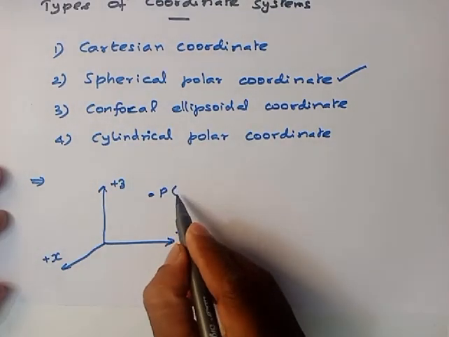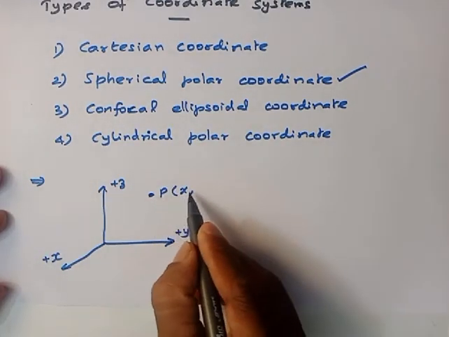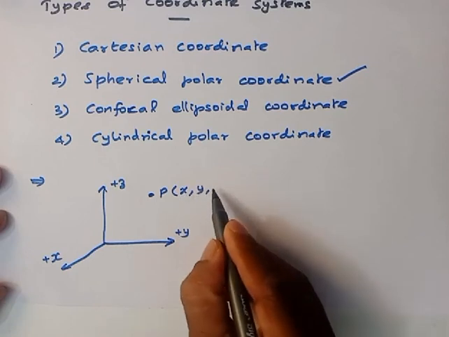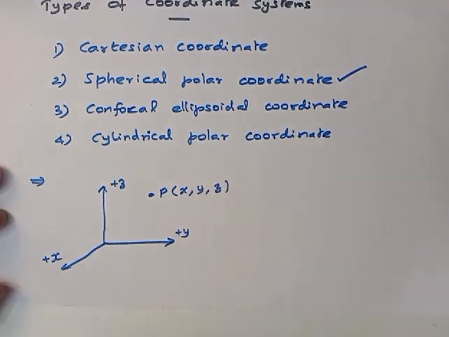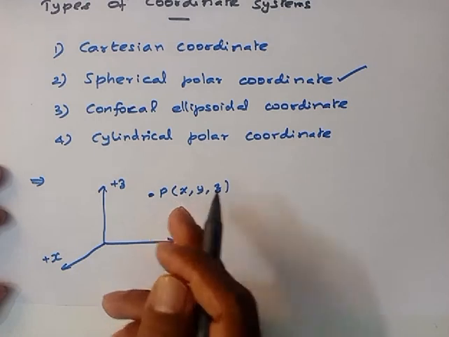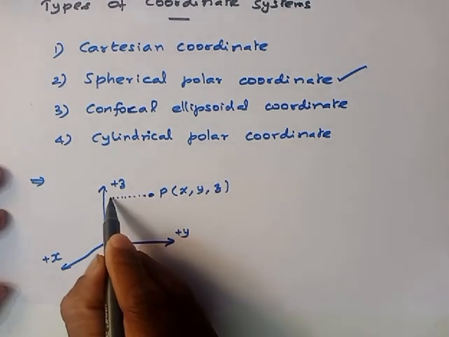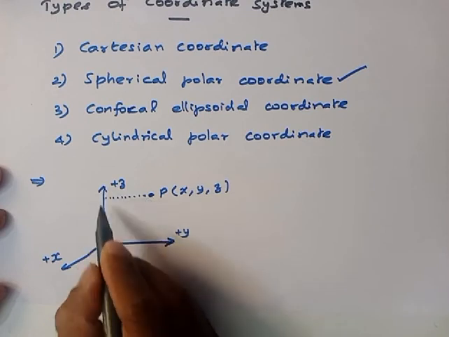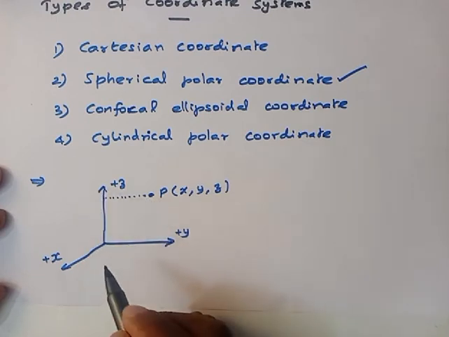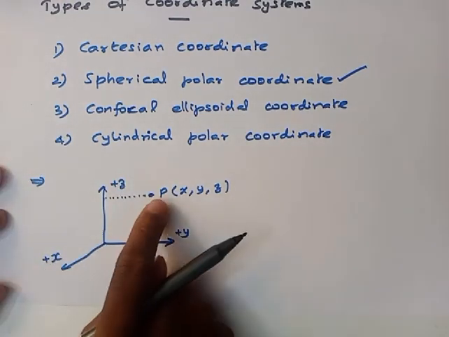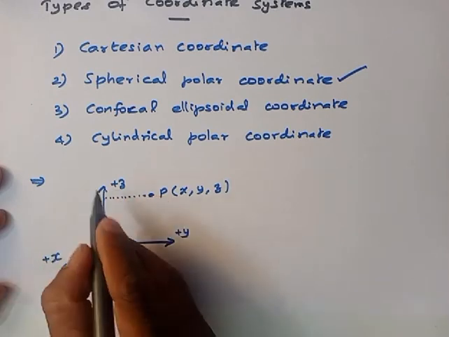This point has some value of x, some value of y, some value of z. What is x, y, z? Very simple. You draw a perpendicular from the point to the z-axis. That value gives you z.